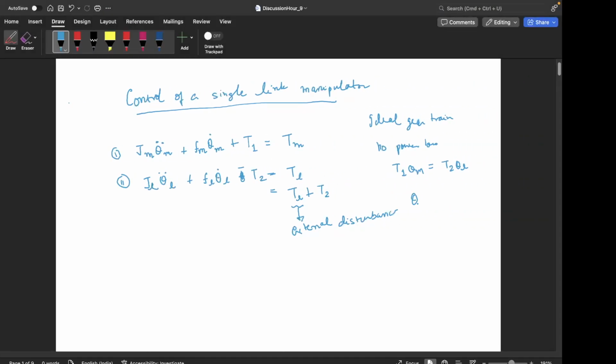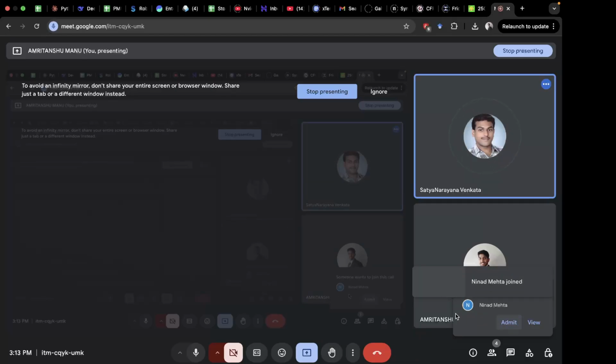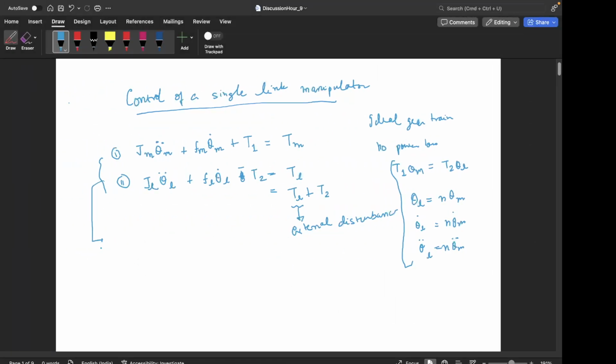So theta L is n times theta m, and similarly the derivatives are also related in the same manner. Right, so we'll use these two relations to write the combined equation of motion.